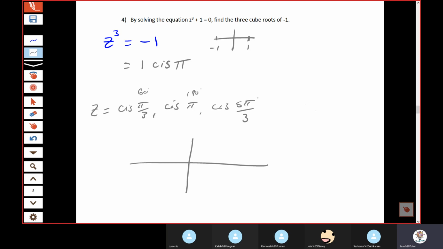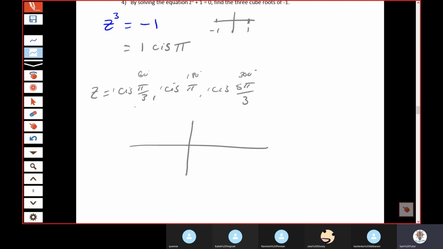And the next one is? 5 times 180 divided by 3, 300. What's your modulus for each one? 1. That means technically, something I didn't say before, if your modulus is always 1, think about it. Isn't it just on a circle?